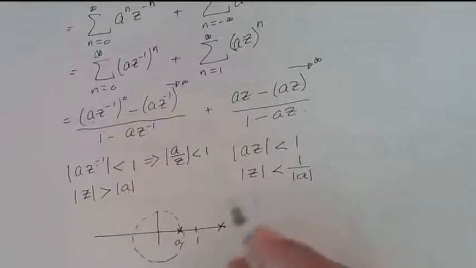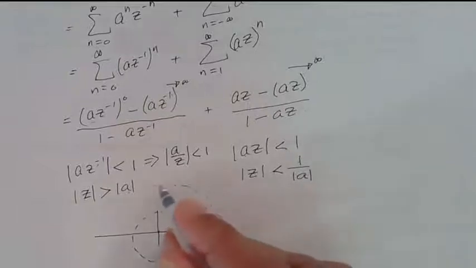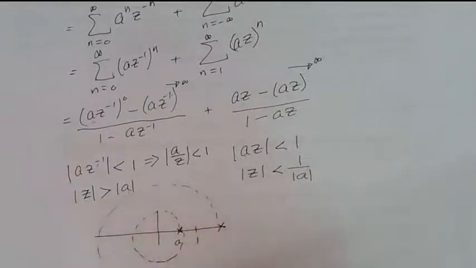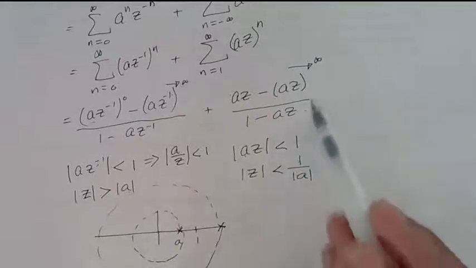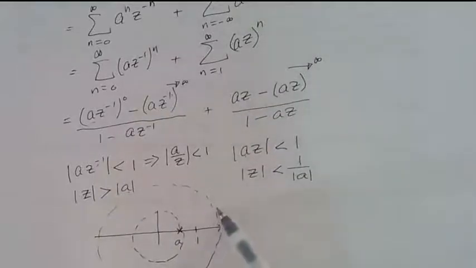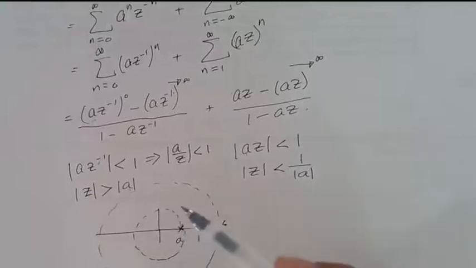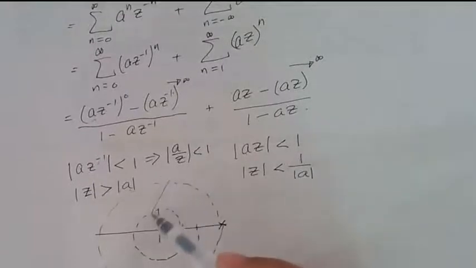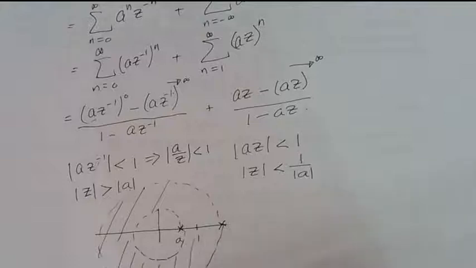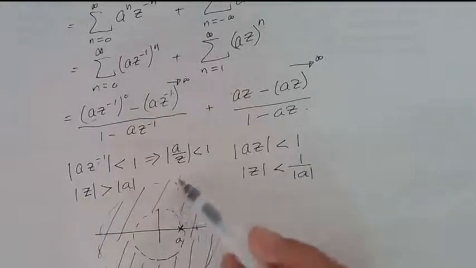And this says that the region of convergence is inside of this circle. So for this term, the region of convergence has to be outside of the circle. For this term, it has to be inside the circle. So the region of convergence, the intersection of the two, is this region between the two circles.